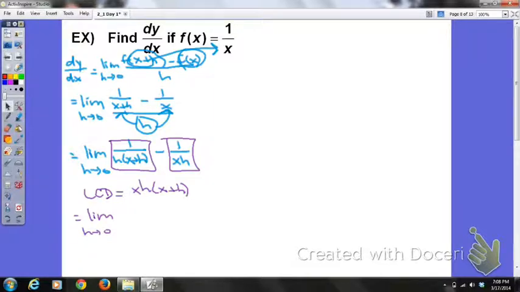That's going to be an x. So we need to multiply that into my numerator. So I have x over xh times x plus h minus what's in my new denominator that wasn't in my original for the second part of my function, and that was the quantity x plus h. So that gets multiplied in the numerator. So put that in parentheses for the subtraction that's going to be happening.